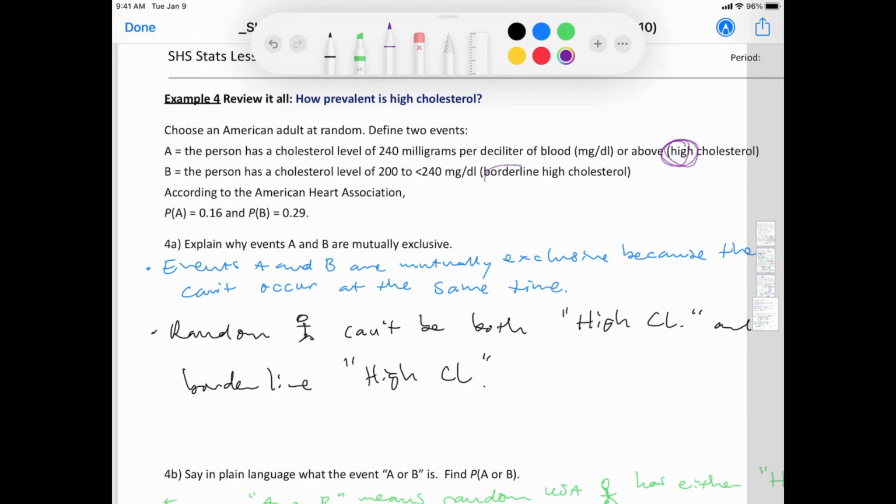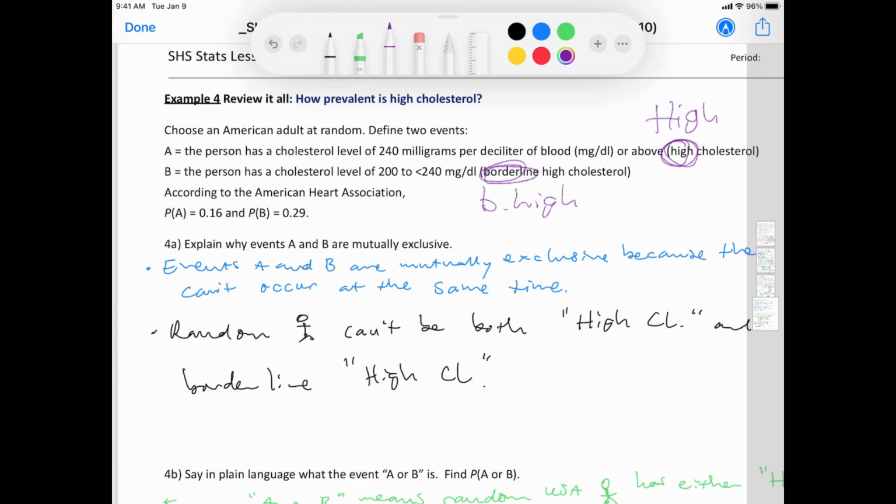And I'm going to circle this one borderline. So I just call this one high and this one borderline high, B high. According to the American Heart Association, the probability of A, meaning you get a high cholesterol level, is 0.16, and probability of B, which is borderline high, is 0.29.